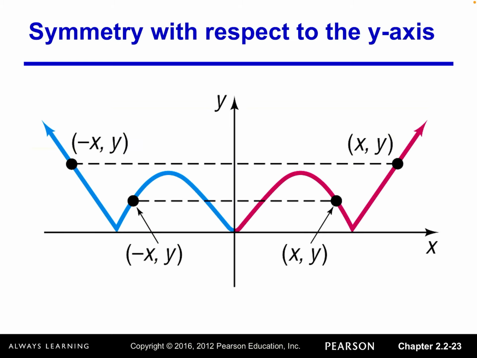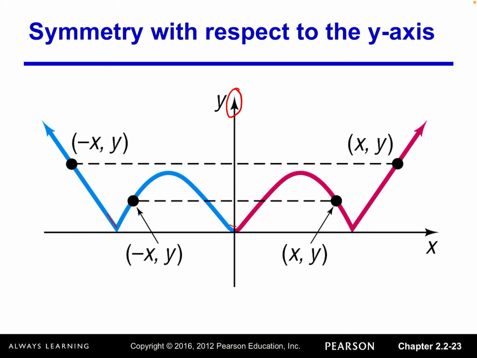All right, so let's look at the graph. That's what the graph looks like when it's symmetric with respect to the y-axis. Basically this blue colored part is half of the graph. If you do the mirror image of this blue half about the y-axis, you get exactly the red colored right-hand side, the other part.